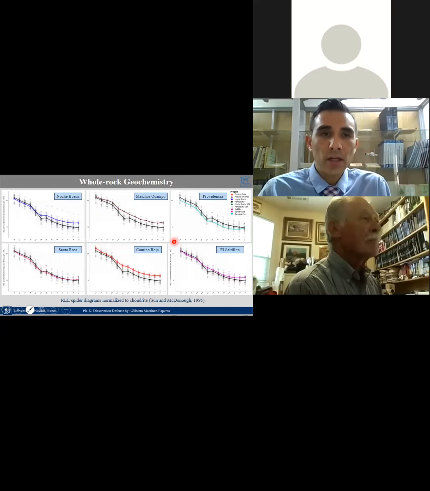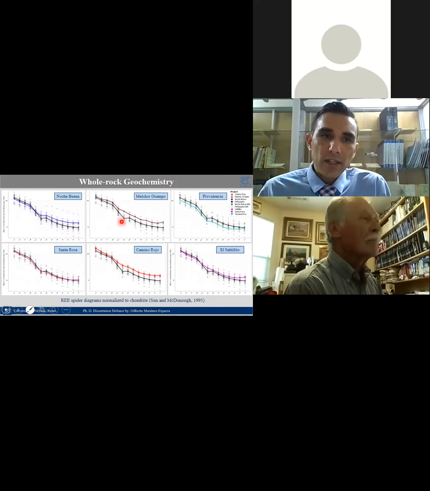igneous phases. The rare earth element spider diagrams exhibit the traditional signature of subduction tectonic settings, and we can see a relative enrichment of the light rare earth elements, whereas depletion of the heavy rare earth elements.